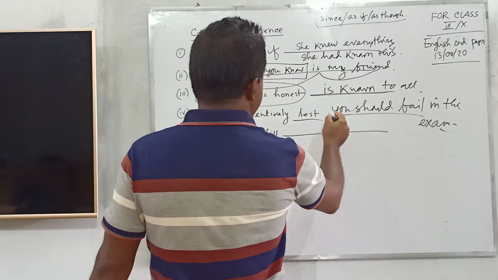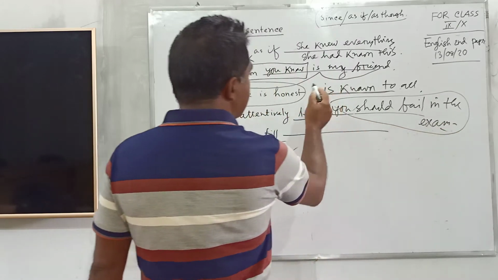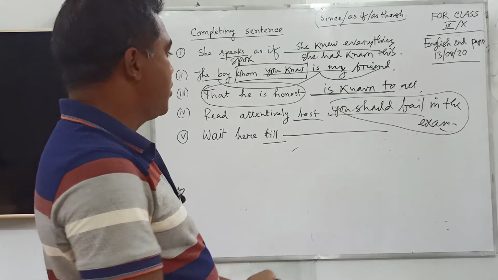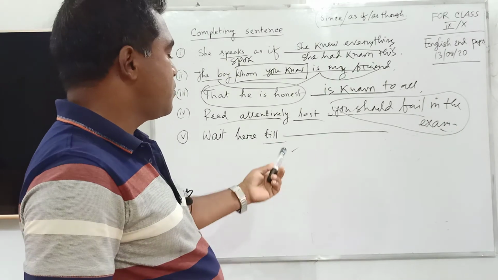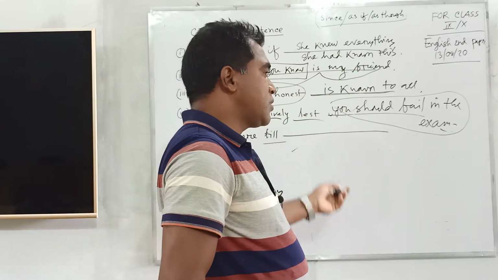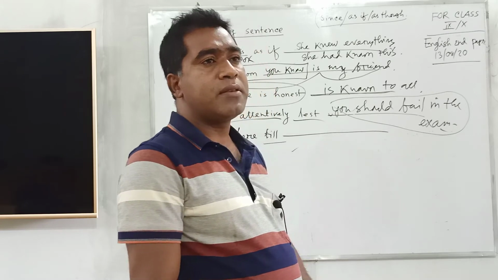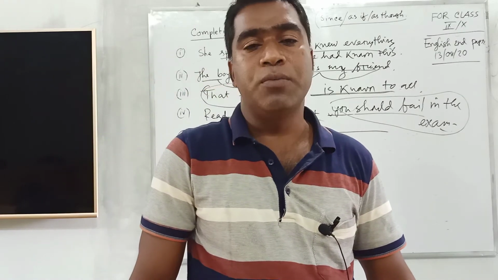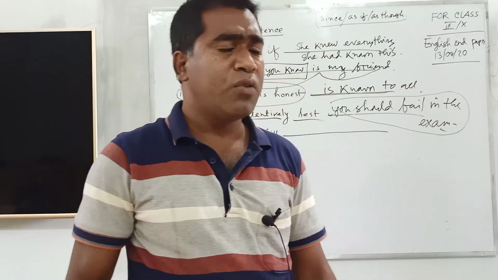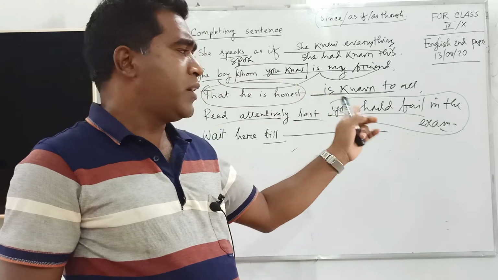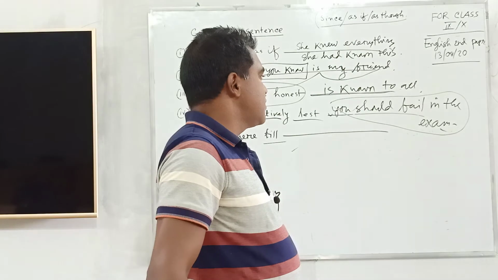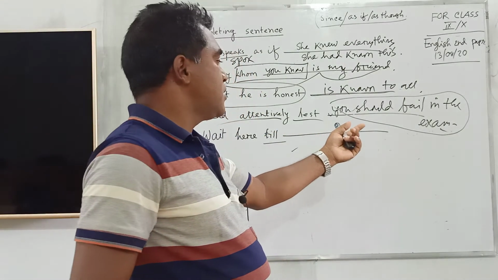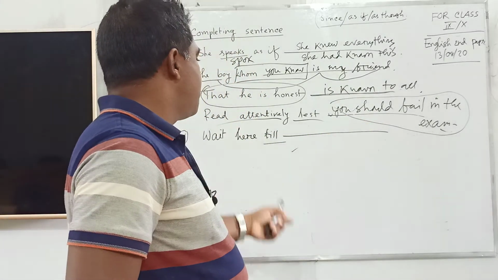That means this sentence expresses the opposite meaning of the first sentence. Okay, here you must remember the use of "lest." If you use "lest," you must use "should" here, and you must think that the next sentence must have the opposite meaning of the first sentence.